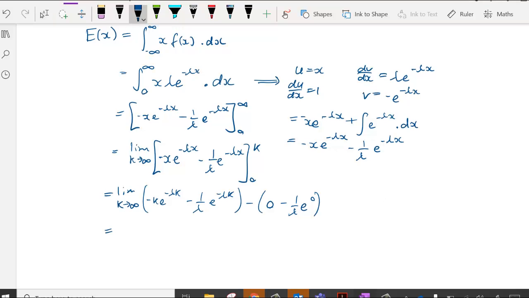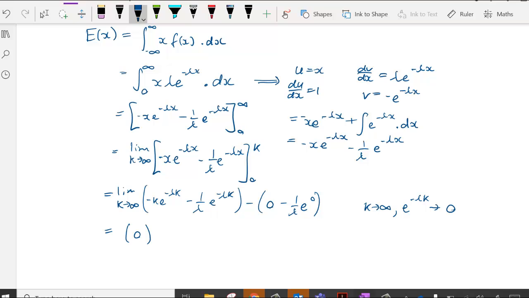As k approaches infinity, e to the negative lambda k should approach 0, because as we get larger and larger values in this power, as it's a negative power, we're looking at 1 on that large value. When we divide by very large values, we get closer and closer to 0. And so that means our limit here for each of these values is 0.